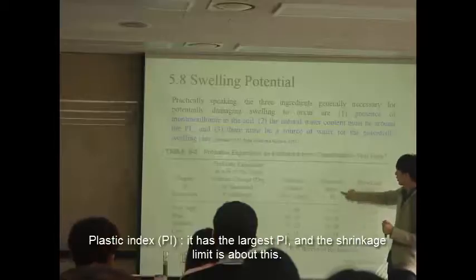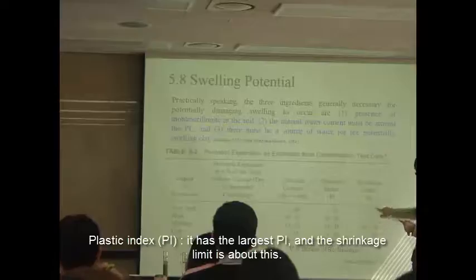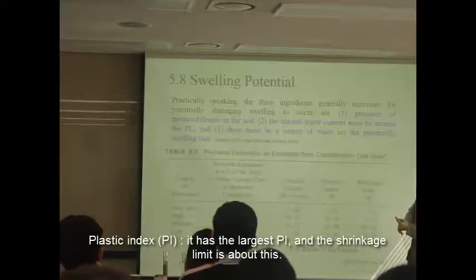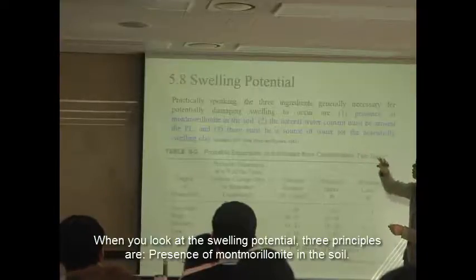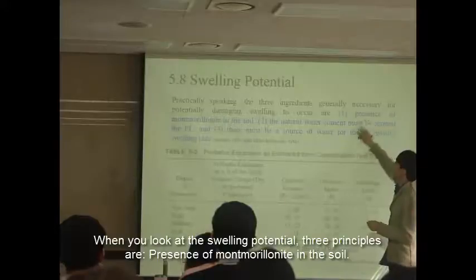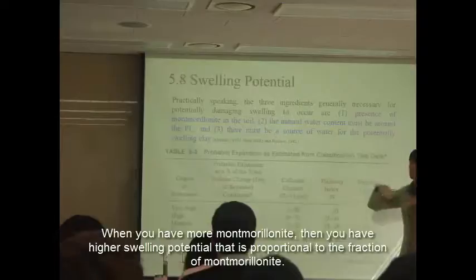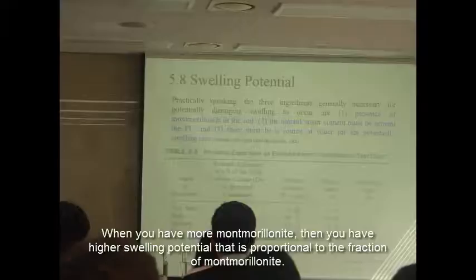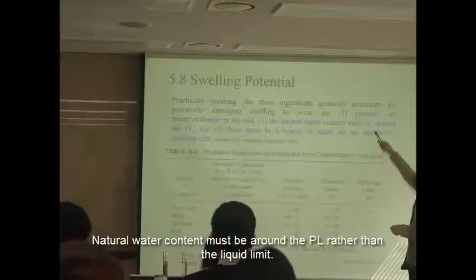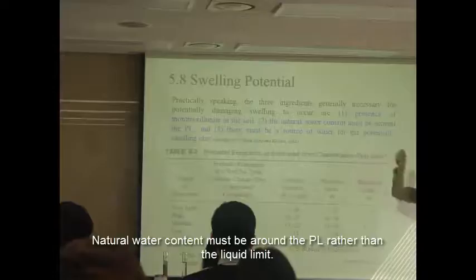When you look at the plasticity index, the PI, this one has the largest PI, and the shrinkage limit is about this. And when you look at the swelling potential, the three principles are these three. This is very important to remember. First, the presence of montmorillonite in the soil. When you have more montmorillonite, then you have higher swelling potential. That's proportional to the fraction of montmorillonite in the clay. Second, the natural water content must be around the plastic limit rather than the liquid limit.